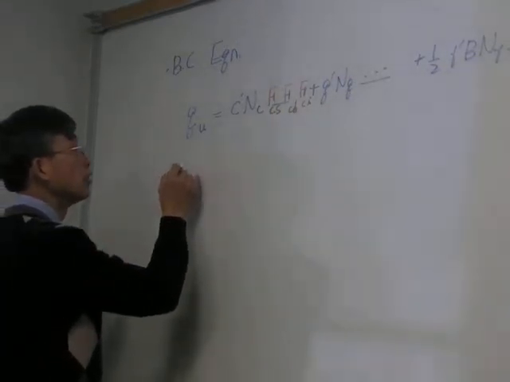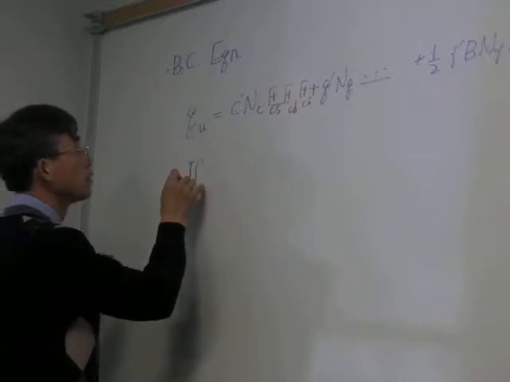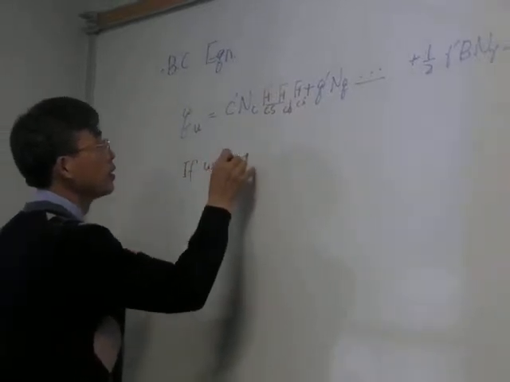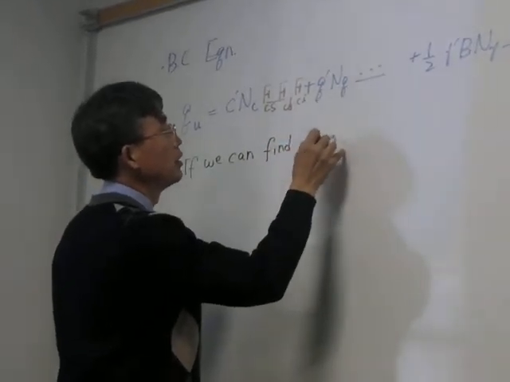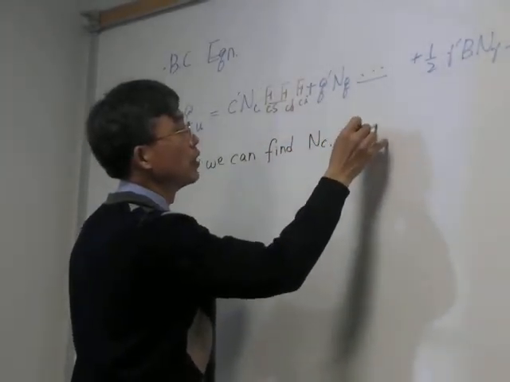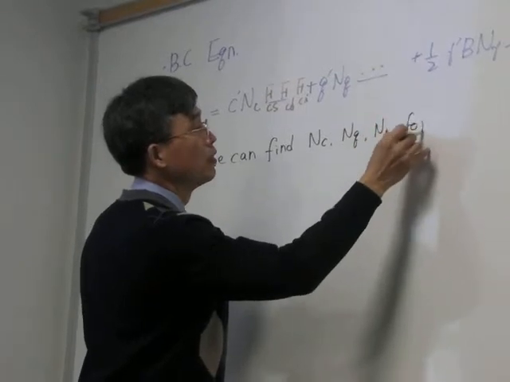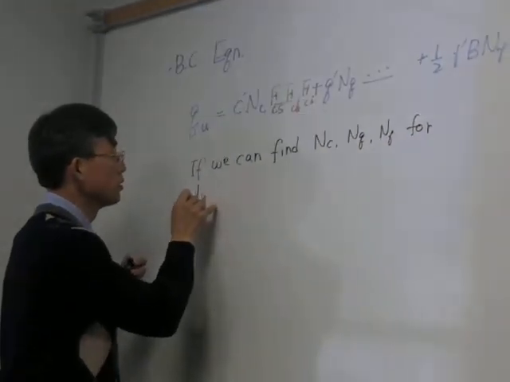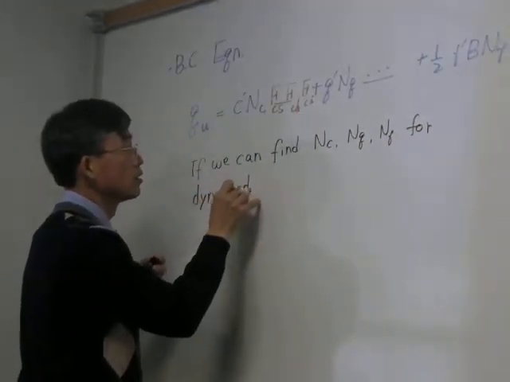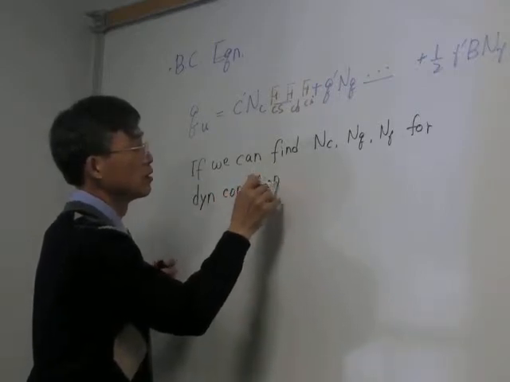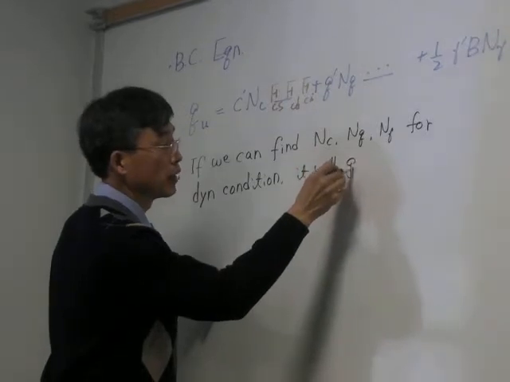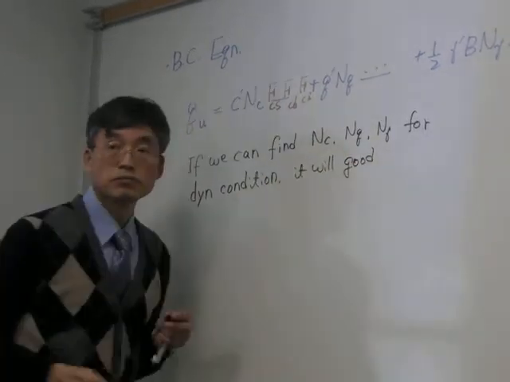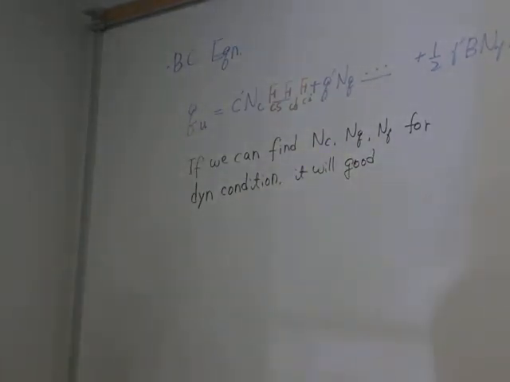And if we can find N sub c, N sub q, N sub gamma for dynamic condition, it will be good, right? It will be good.